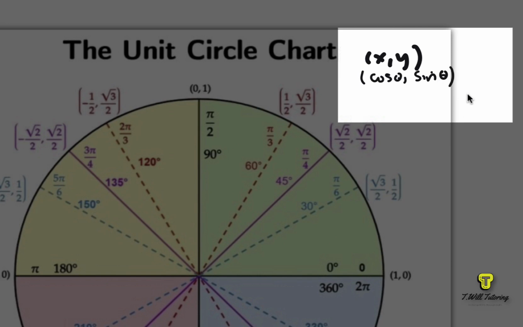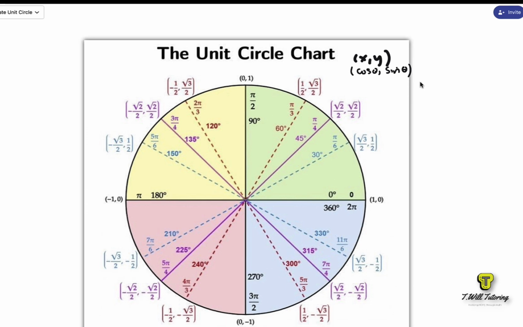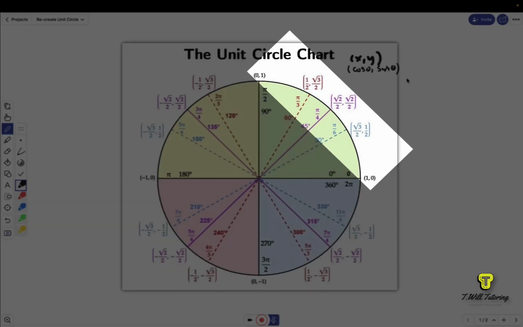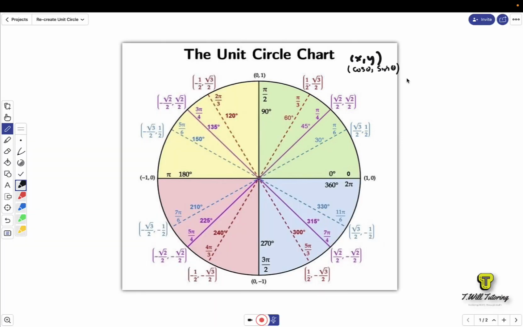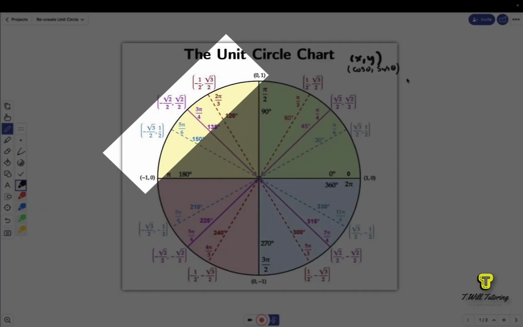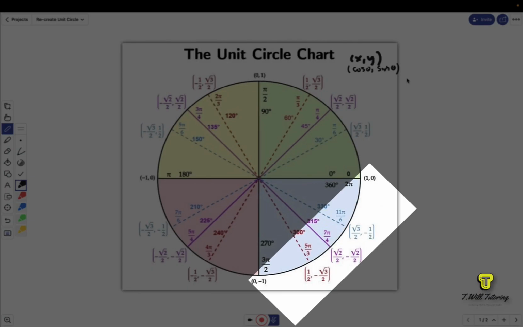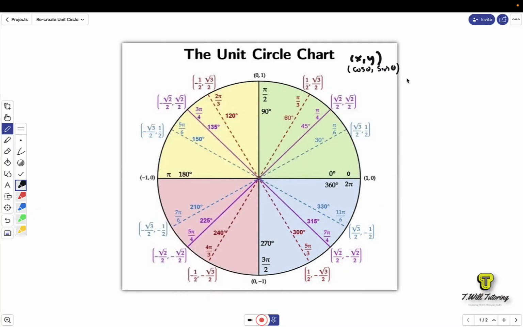So if we look at quadrant 1, you'll see that those x and y coordinates actually repeat themselves to quadrant 2, quadrant 3, and quadrant 4. The only difference is that their signs are going to be different depending on what quadrant you're in.